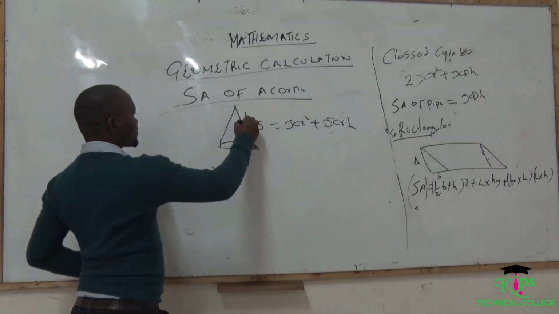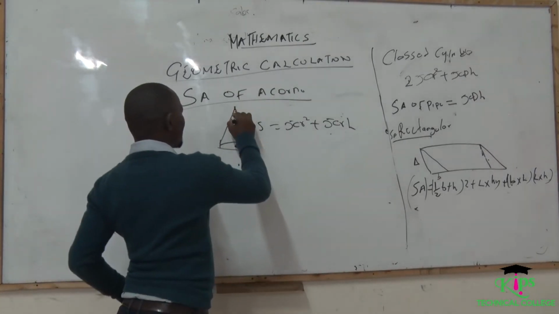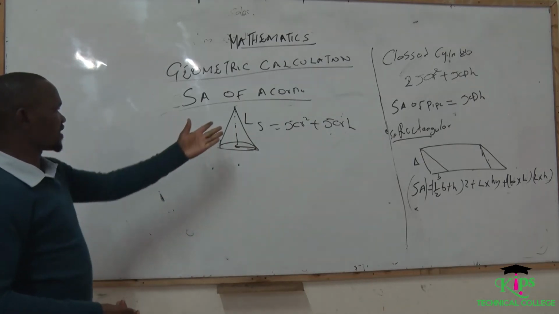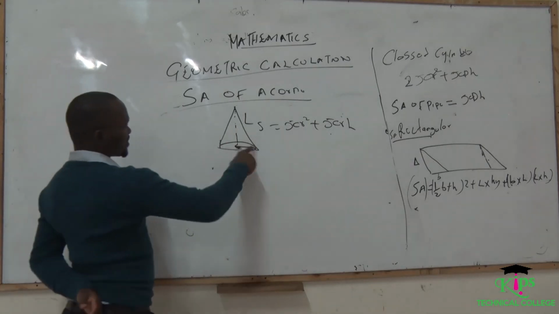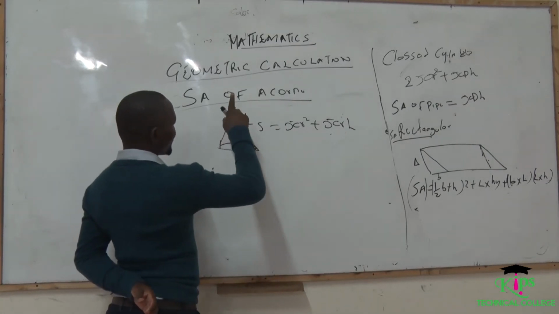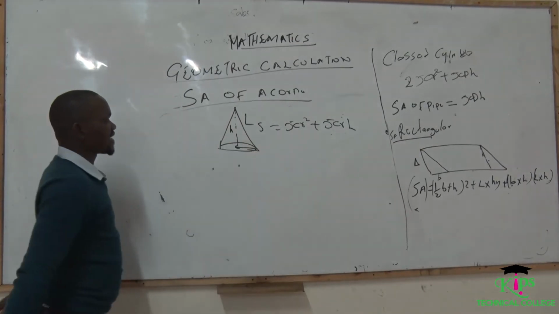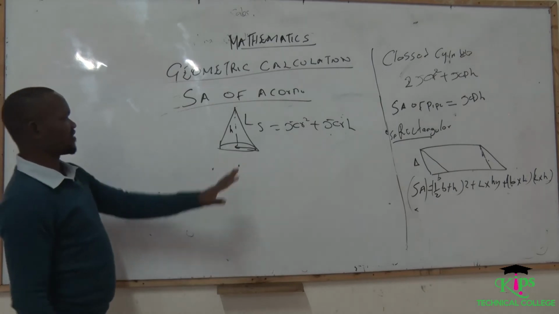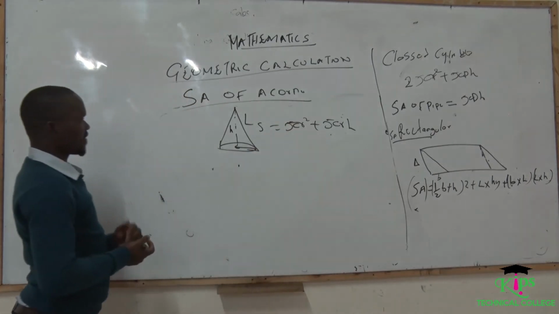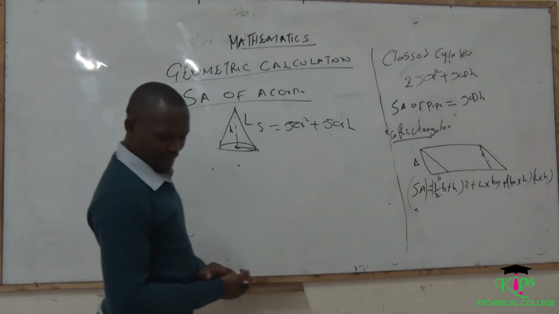So this is the slant height L. Sometimes we cannot be given that L because we can use the Pythagoras theorem to calculate it. You can see our radius will become the base, and you have to be given the height, so you use the Pythagoras theorem to get the slant height. For pi, you use either 22/7 or the pi given in the calculator.